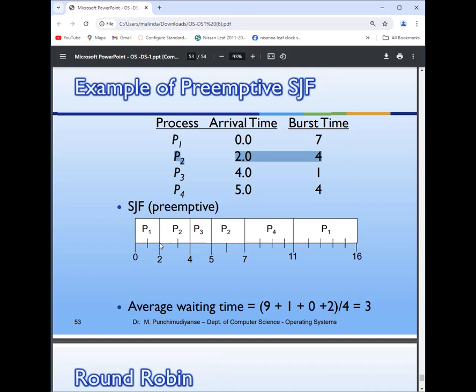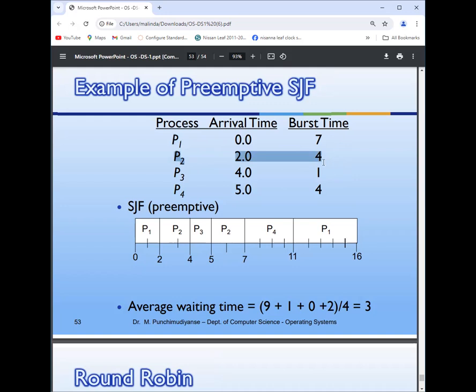However, at time equals 2, only 2 milliseconds of work has completed. So out of 7, another 5 remaining. So P1's remaining time is 5 and P2's burst time is 4, which is shorter. So because of that, we have to stop P1 from running and allow P2 to run. Is that understood?